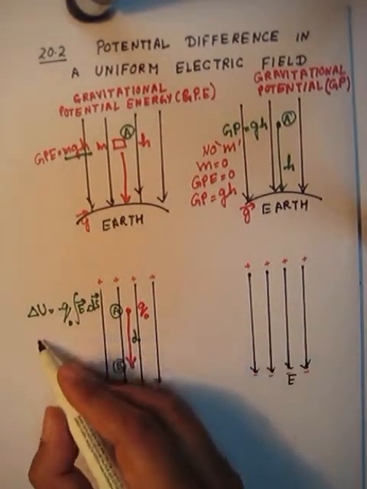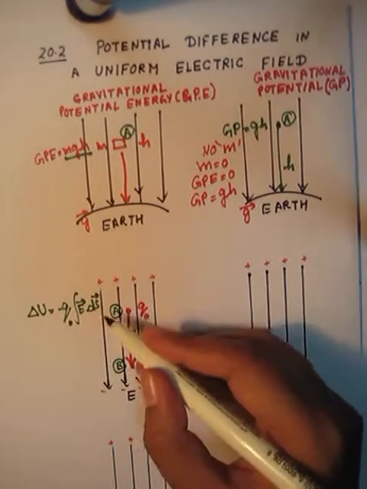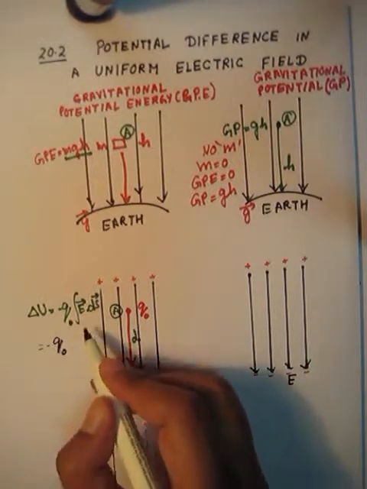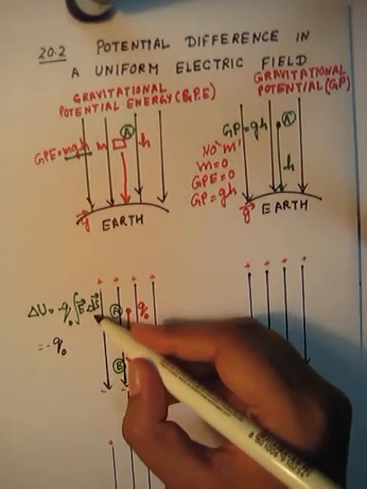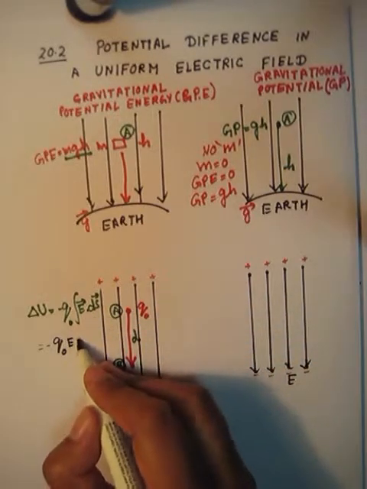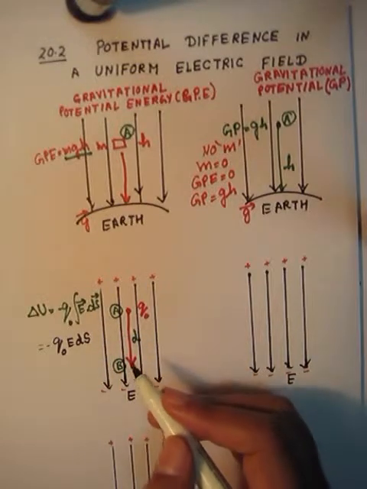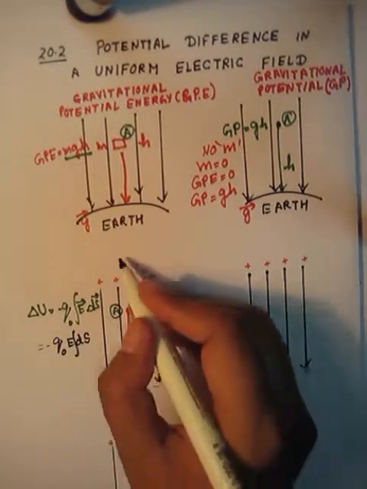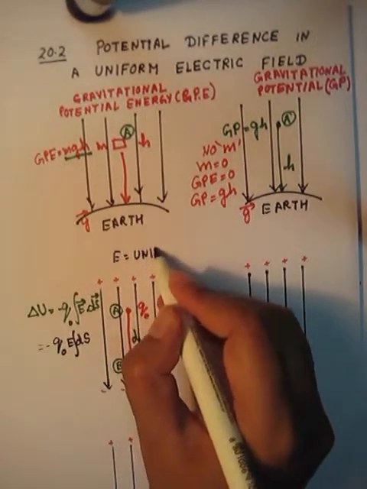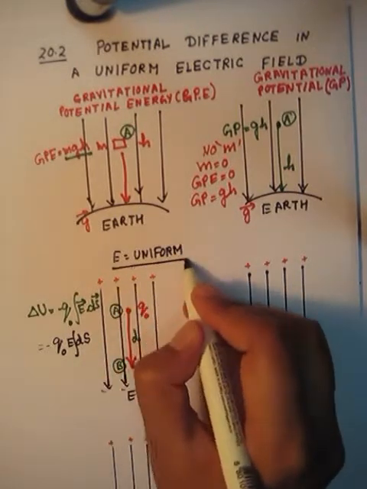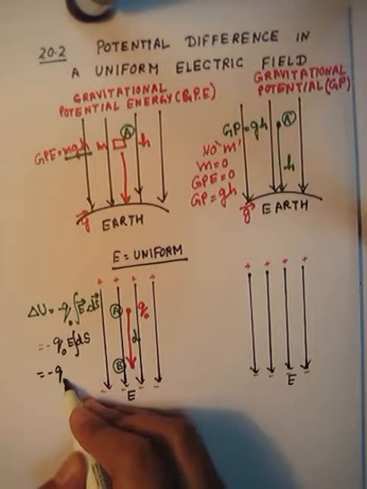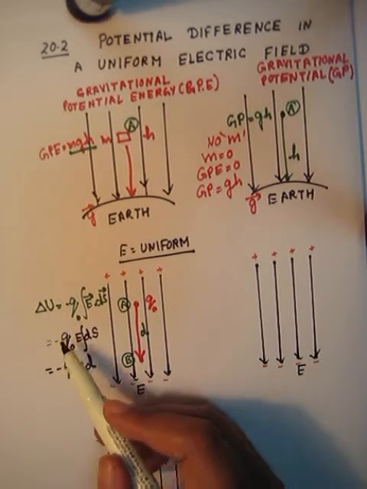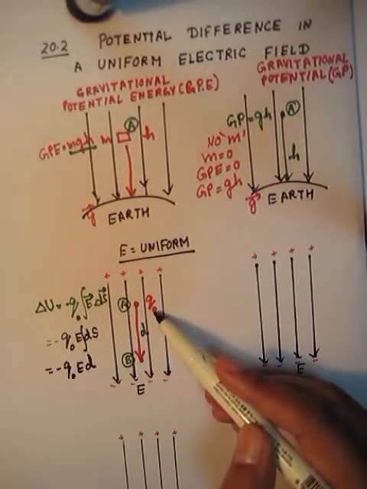You have a potential energy difference when you move from one point to the other. The electric field and displacement vector are parallel, so it is E ds cosine 0, which is 1, and because the electric field is uniform, we can take it outside the integral. So what you get is q0 E times the total displacement d.